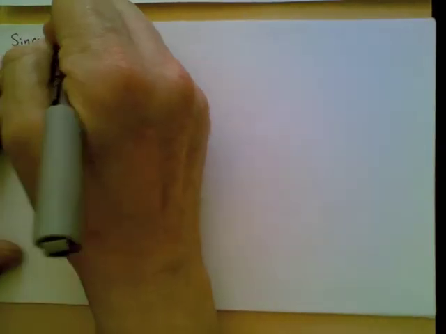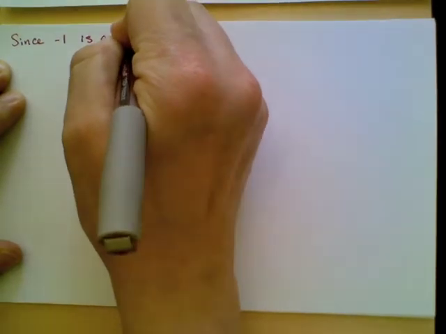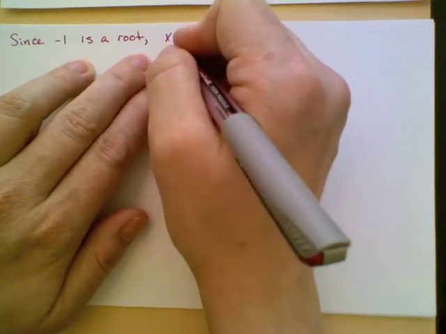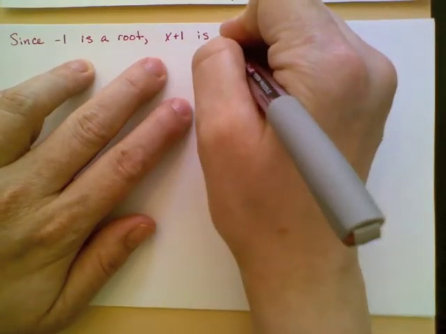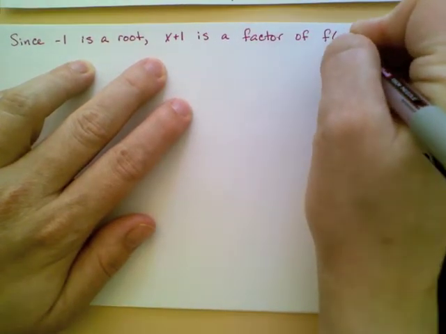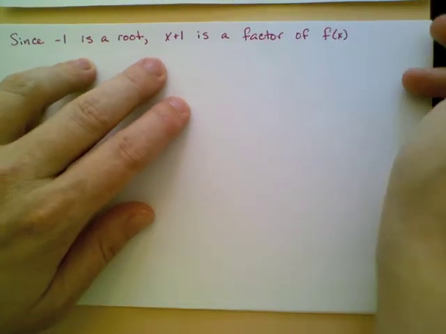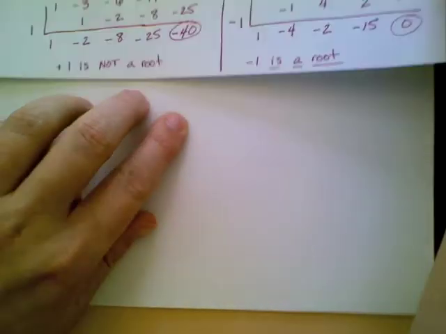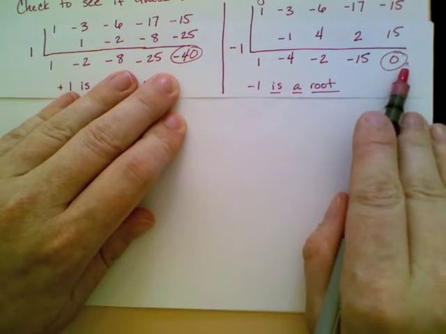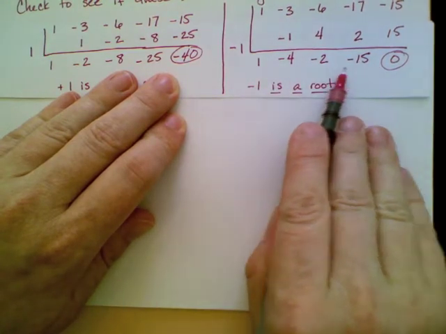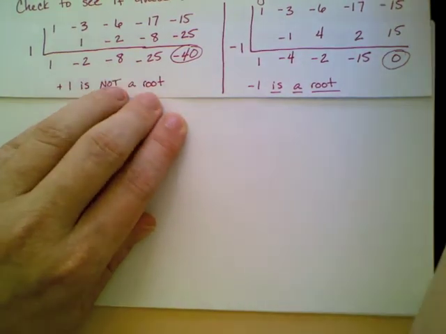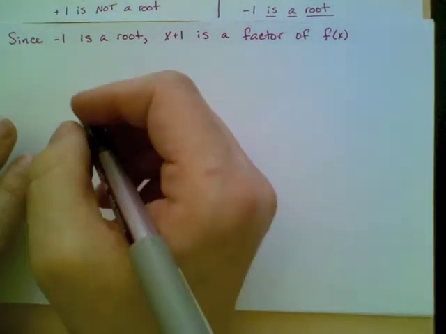Since negative 1 is a root, x plus 1, which is x minus negative 1, is a factor of f of x. And I can get the other factor as the result of my division. Remember, this last number represents the remainder, and this is the list of coefficients of the result of my division.